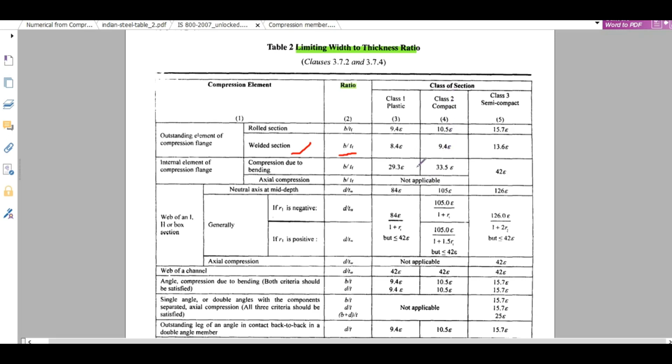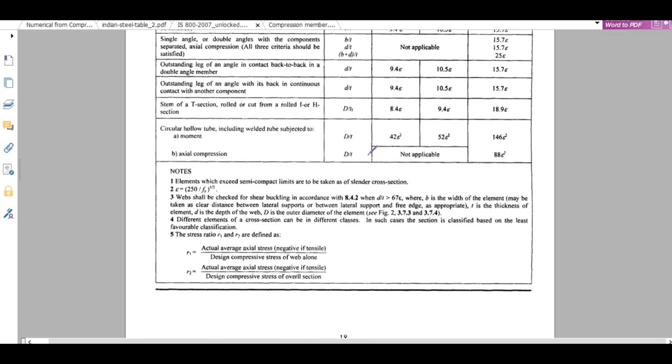Okay, now what is this epsilon? Epsilon is mentioned here in the notes, so you should read all 5 notes. And epsilon is equal to root under 250 by fy. This point is important, we will explain it later, you can read it.